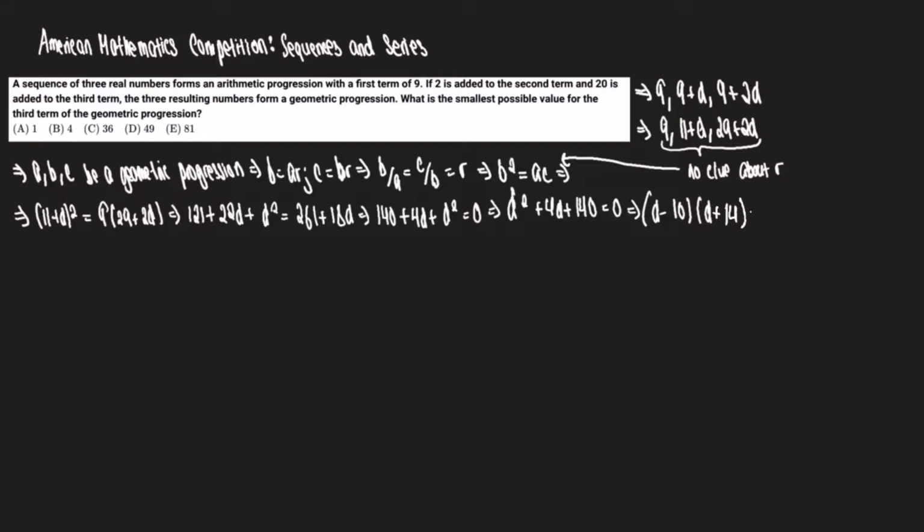So if it factors into that, then that means that D equals 10 or negative 14. The lowest value is negative 14, so 29 plus 2D, 2 times negative 14 equals negative 28. So the lowest value of 29 plus 2D equals 1.